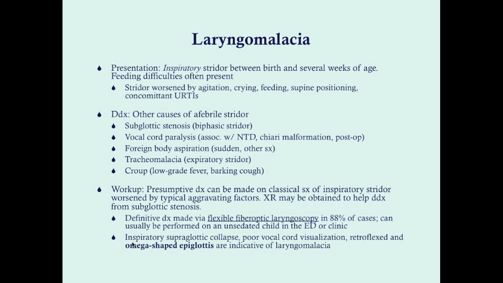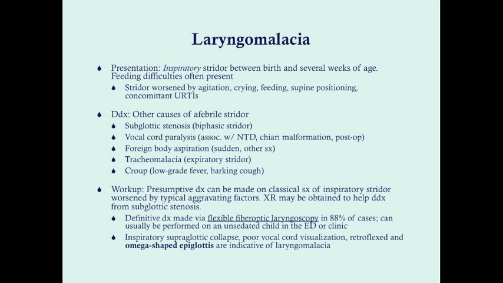So when you're looking with the laryngoscope, what you're looking for is, as already mentioned, an inspiratory supraglottic collapse during inspiration, of course. You'll also see poor vocal cord visualization because you have that collapse. And then the epiglottis is characteristically omega-shaped.